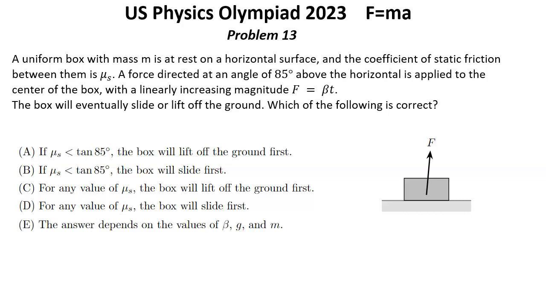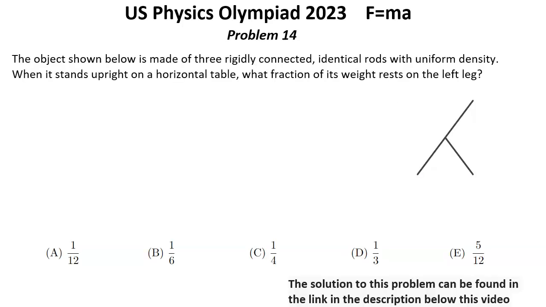Right before that moment, the normal force will be very small, so the maximal possible friction force is also very small, and cannot balance the horizontal component of the applied force. So the correct answer is D, and that was a solution for problem number 13.